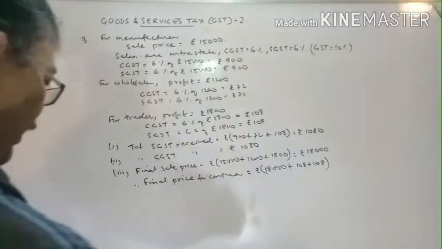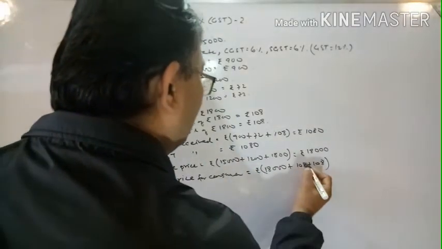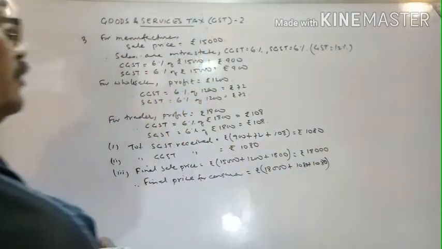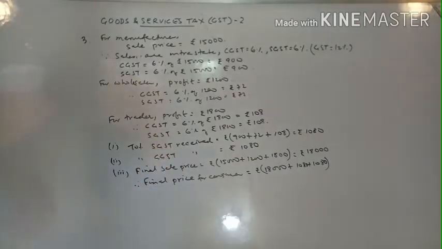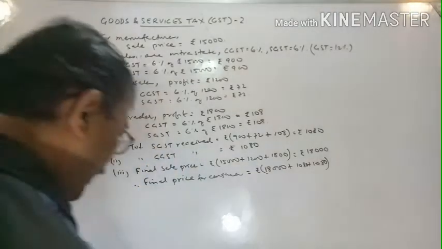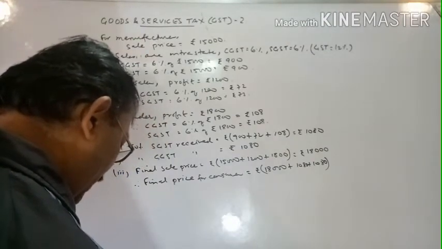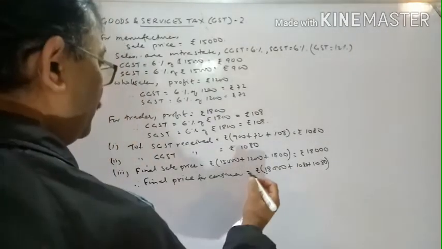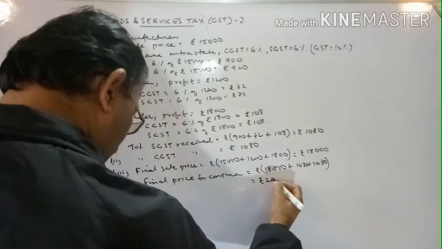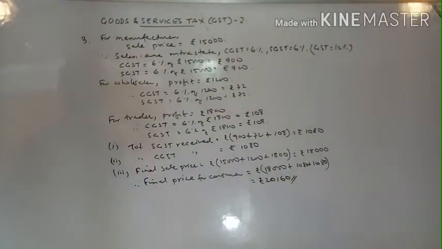Not 108, this is 1080, and 1080, because this is what is total received by the central and state governments. So that will be 18,000 plus 1080 plus 1080. So that is rupees 20,160. So this is what the consumer will pay, the final price.